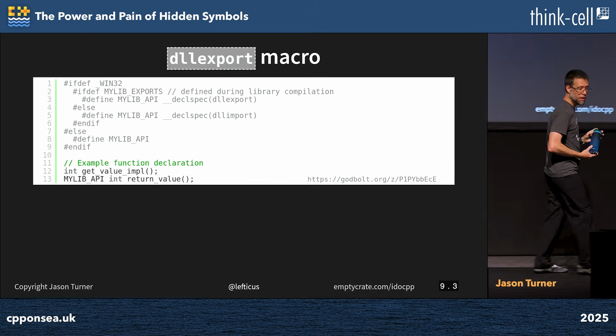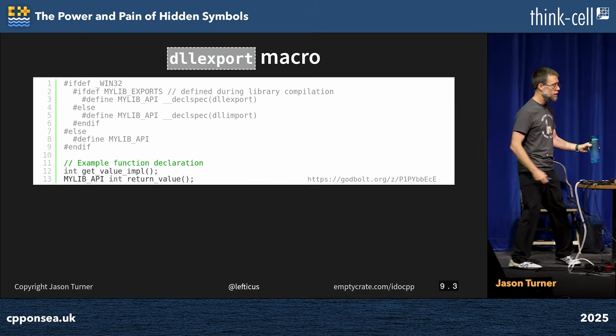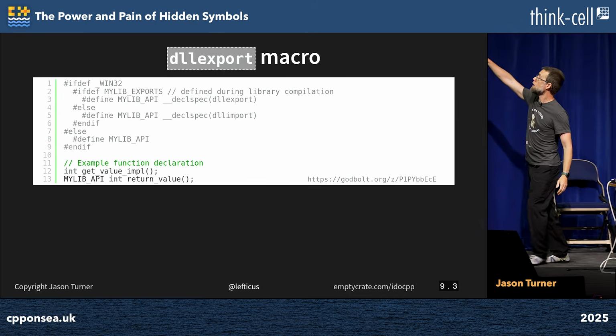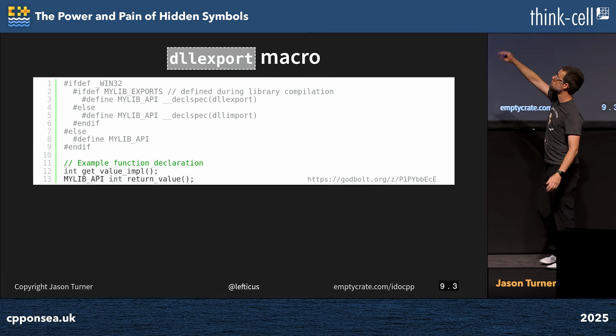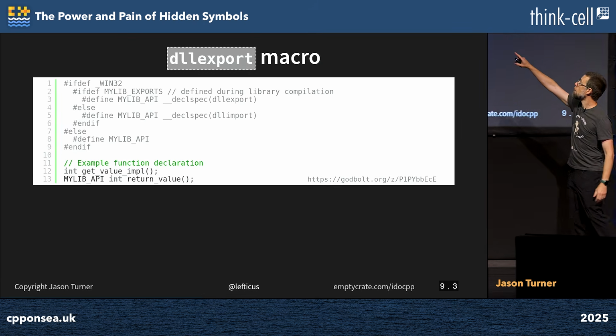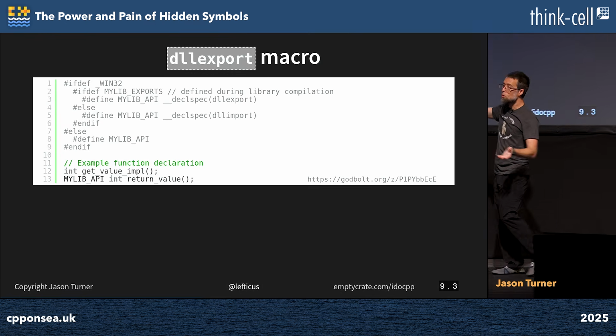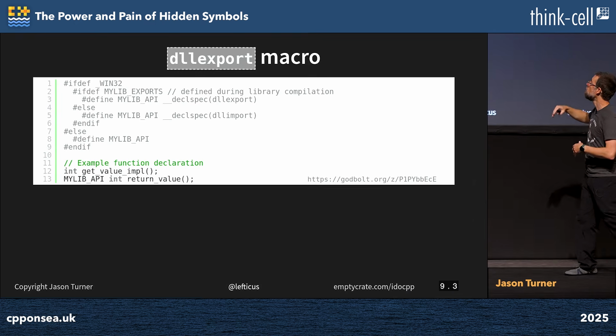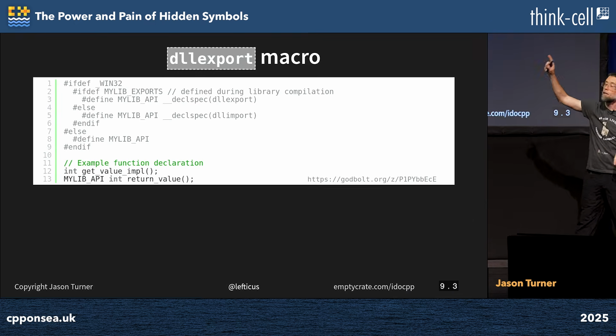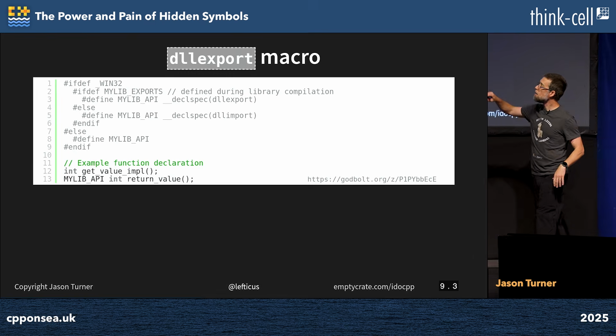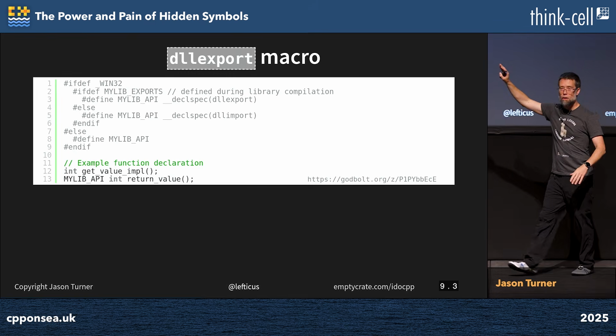When our shared library is being compiled on Windows, we end up doing this define MYLIB_EXPORT, and then it's going to do this macro replacement, and I'll do this declspec dllexport. And in the normal case, when I'm consuming the library, that's going to become declspec dllimport.